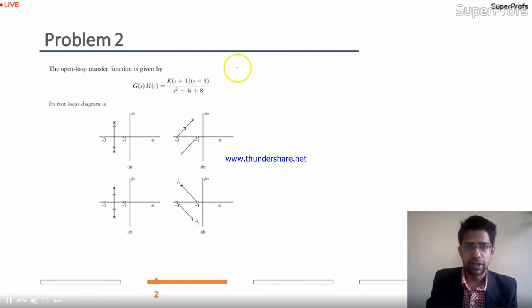The zeros are at minus 1 and minus 3, and the poles are at some a plus jb or a plus j beta. So this is a plus minus j beta. So there are complex roots. Here, as you can see, b square minus 4ac is less than 0. So there are complex roots present.